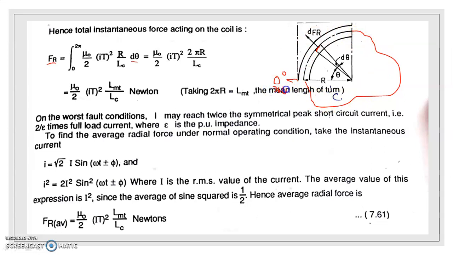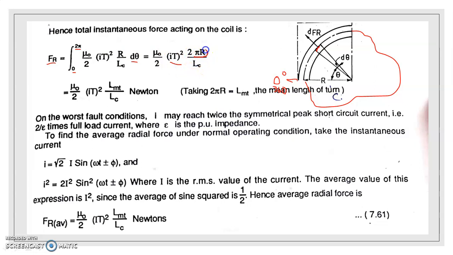It is defined in radian, with the limits of integration from 0 to 2 pi, that is 360 degree. By taking the integration, you will get mu 0 upon 2 into (I into T) bracket square, and here you will get 2 pi r upon LC.